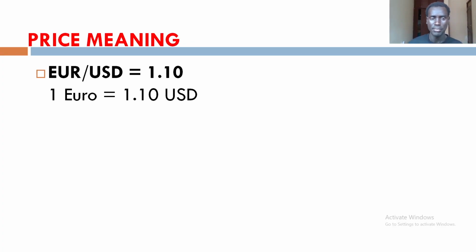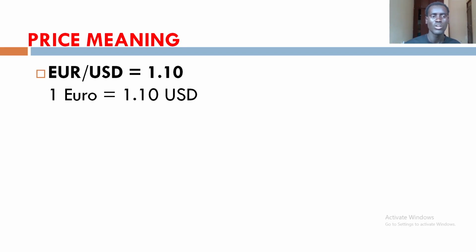Price meaning is very important, right? Because when you know price meaning, you will know how much money you are making when you are trading. When we say Euro USD equals 1.10, it actually means that 1 euro costs what? It costs $1.10, right?